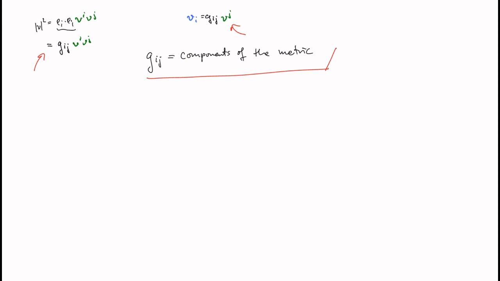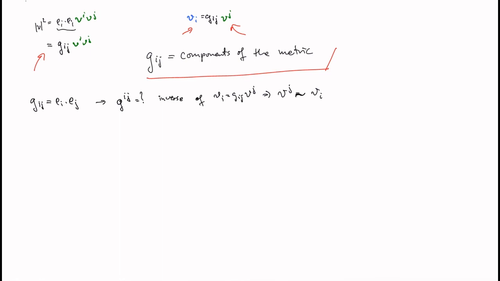What I want you to think about is that if the metric is given by this relationship, then what is the inverse of this relationship here? So what is the inverse of v_i = g_ij v^j? In other words, how do you represent v^i, the contravariant component, in terms of v_i, the covariant components?